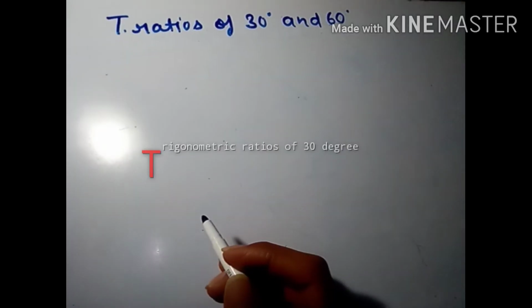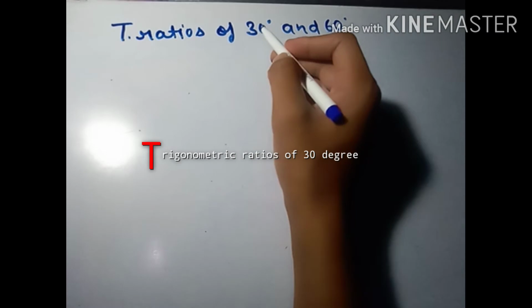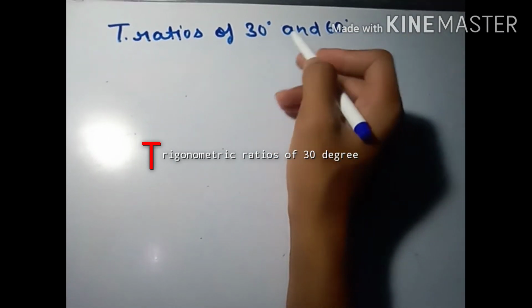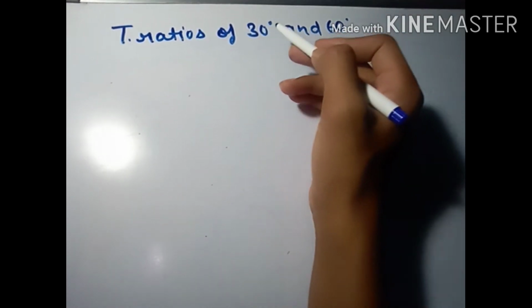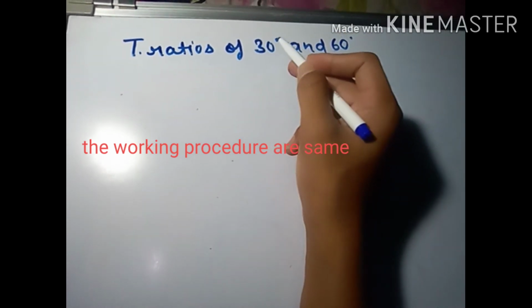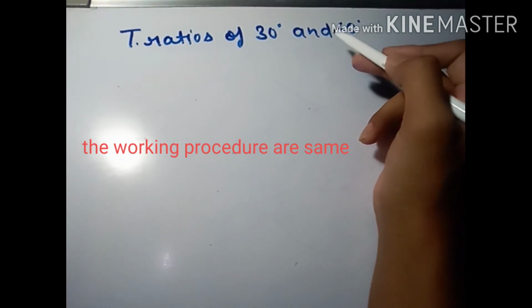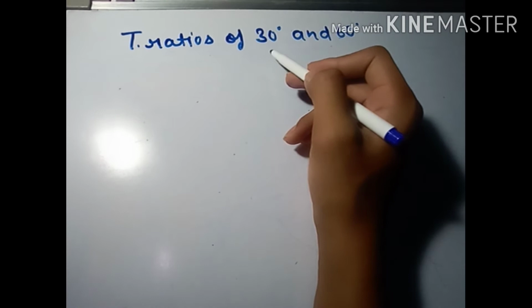Understood? My aim is to calculate trigonometric ratios of the angles 30 degree and 60 degree. We are taking both the angles simultaneously. This is only because the procedures for calculating the ratios of 30 degree and 60 degree are almost the same.